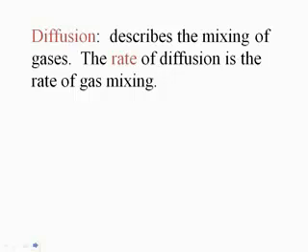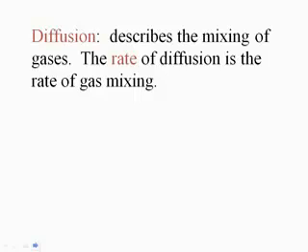We've got two new terms we're going to look at. The first one is diffusion. This describes the mixing of gases. One of the characteristics of gases is that on their own, they will basically disperse themselves. If I am sitting at the front of the classroom and I open a bottle of ammonia, and we did not have any kind of forced ventilation in the room, the people at the back of the classroom would still eventually be able to smell the ammonia.